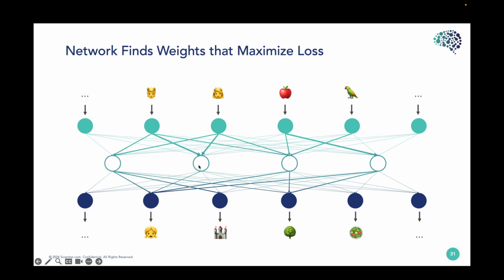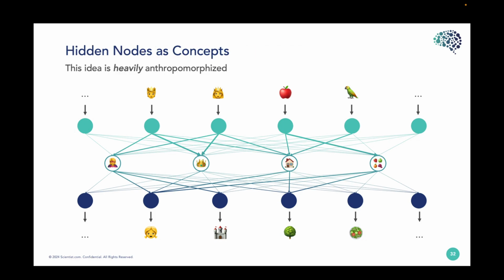Now here, I'm really going to anthropomorphize this pile of linear algebra. And I'm going to say what these hidden nodes are conceptually are concepts in our language, right? So the network is uncovering the latent structure of the language, right?